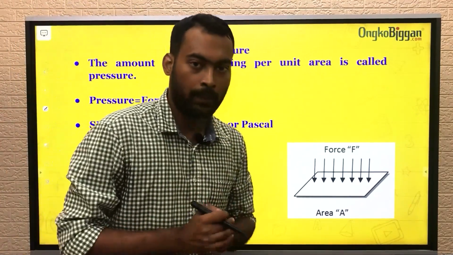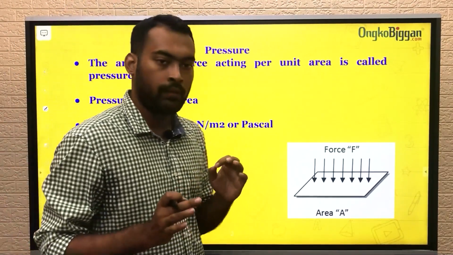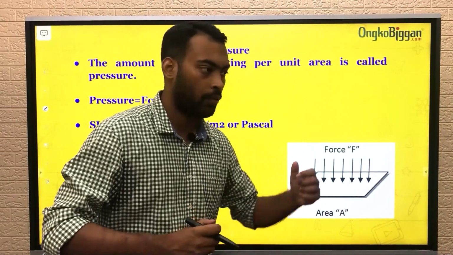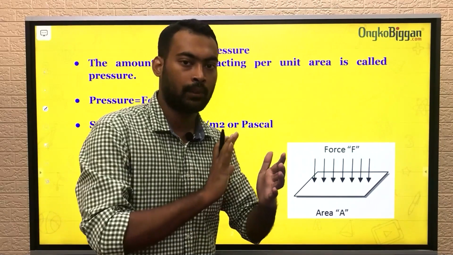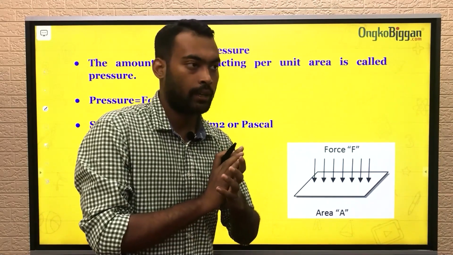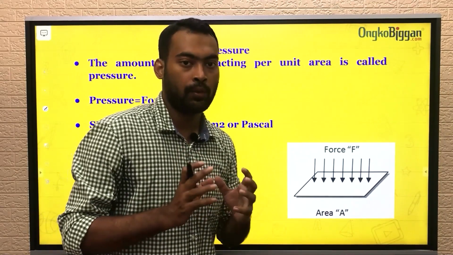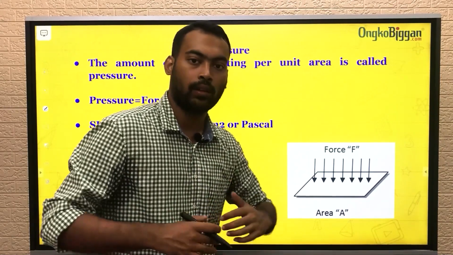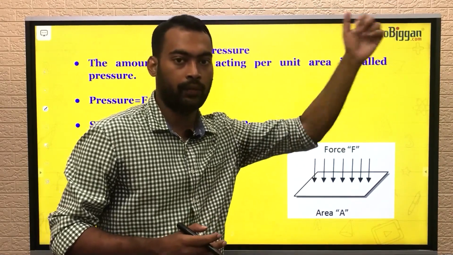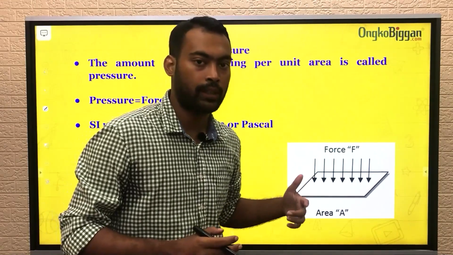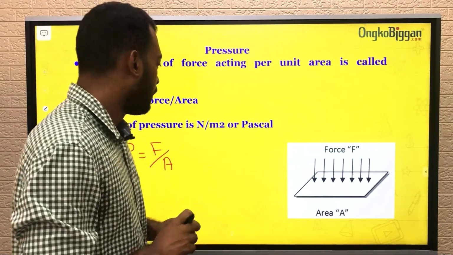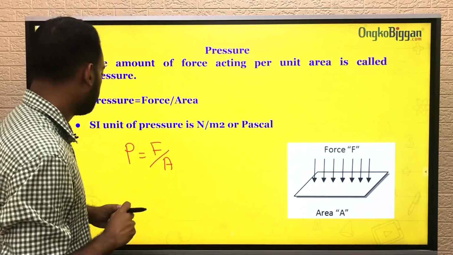I hope you understood it. Even if you don't understand it, try with certain objects which you have around and apply some force on it and see which one will have bigger pressure or less pressure. Or you can just rewind the video and see what I've said. I hope this is not a very difficult concept to understand.